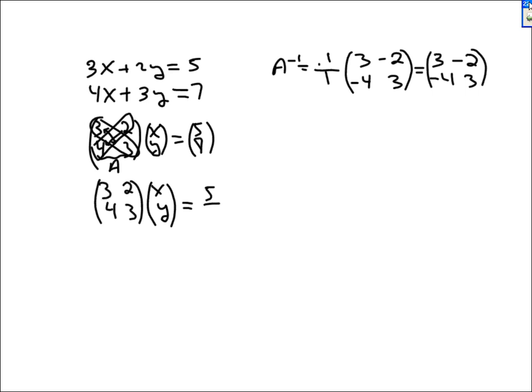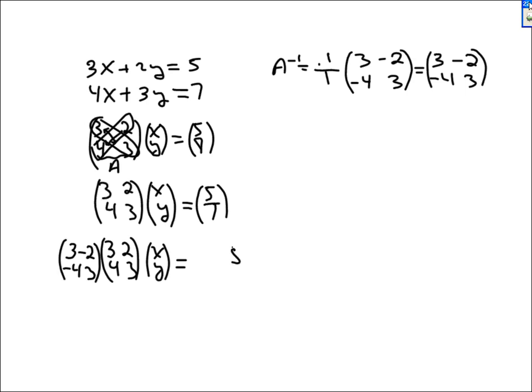Okay, there's the problem. If I multiply on the left side by A inverse, if I take the left-hand side of the equal sign and multiply on the left by this matrix, of course I have to do the same on the other side of the equal sign.